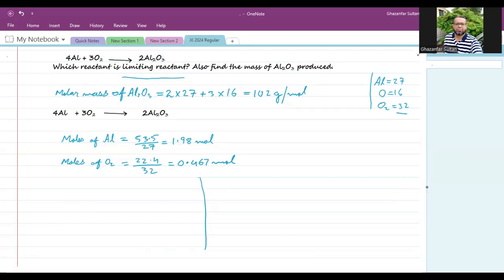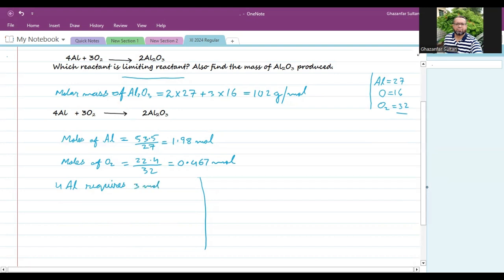From the balanced chemical equation, you can see 4 moles of aluminum require 3 moles of oxygen. So 1 mole of aluminum requires 3 upon 4 mole of oxygen.